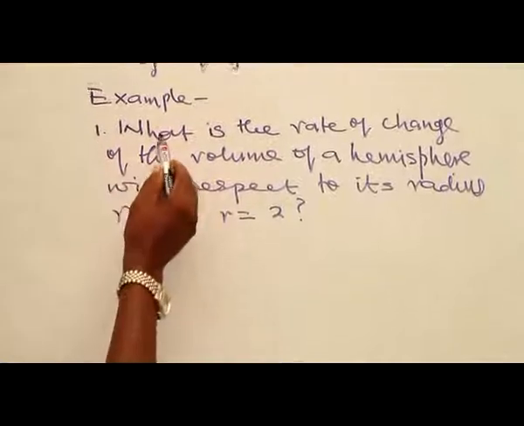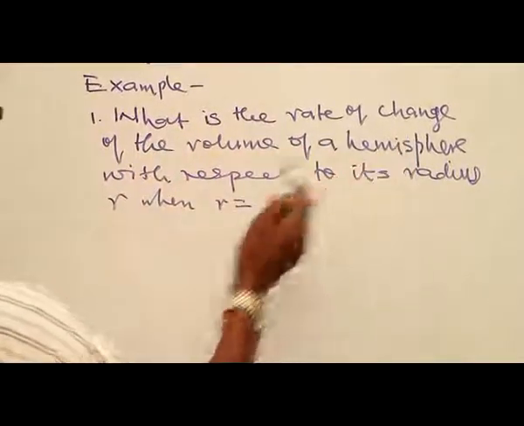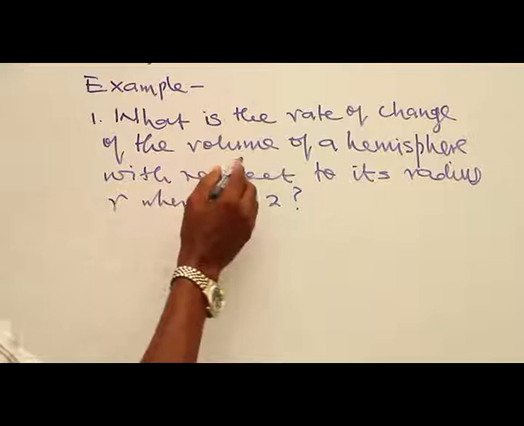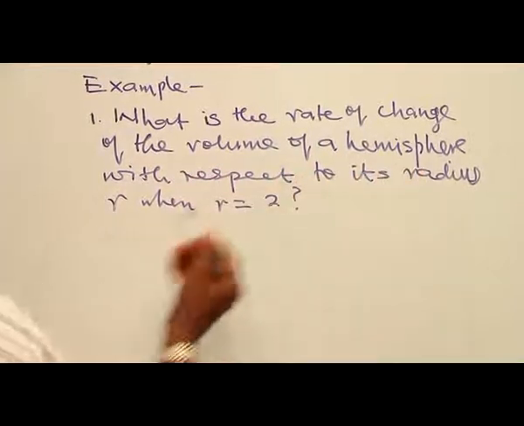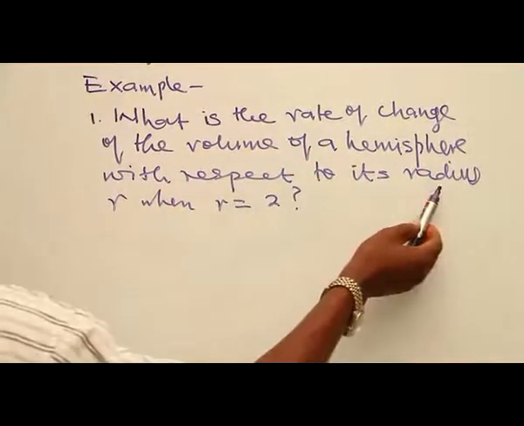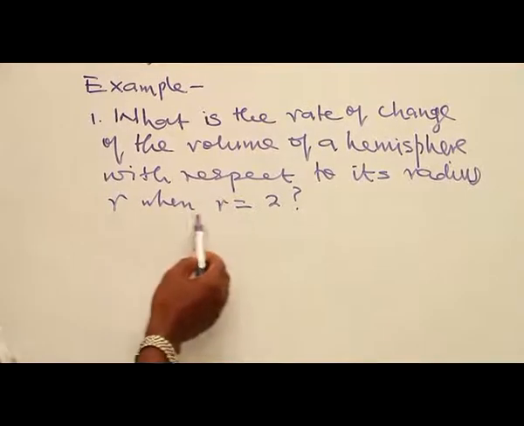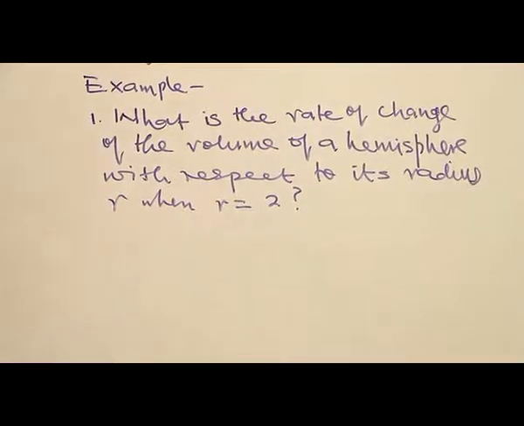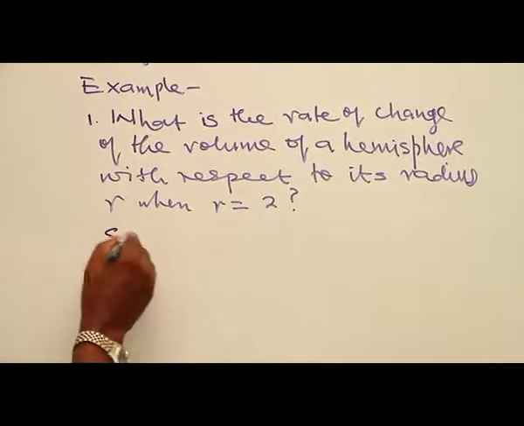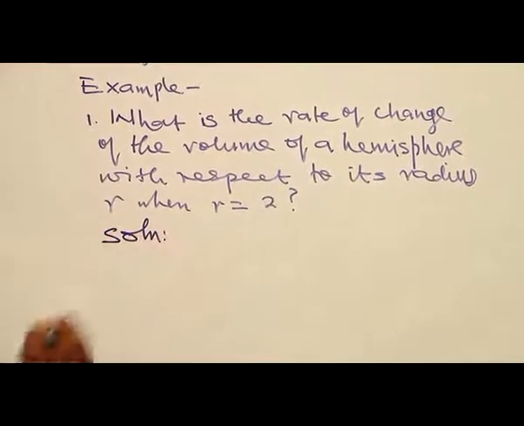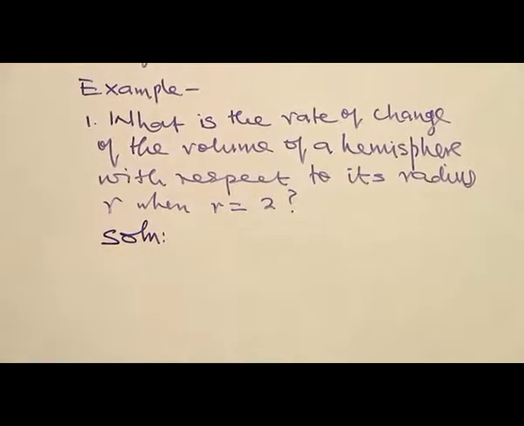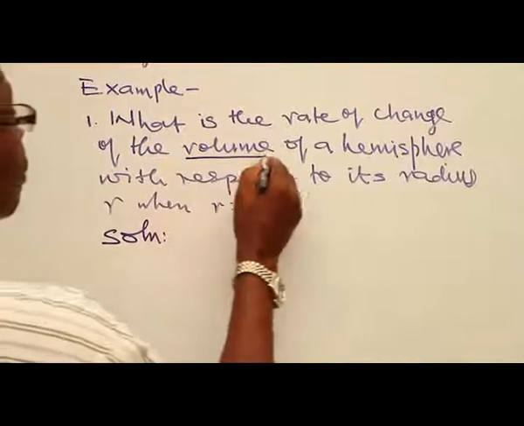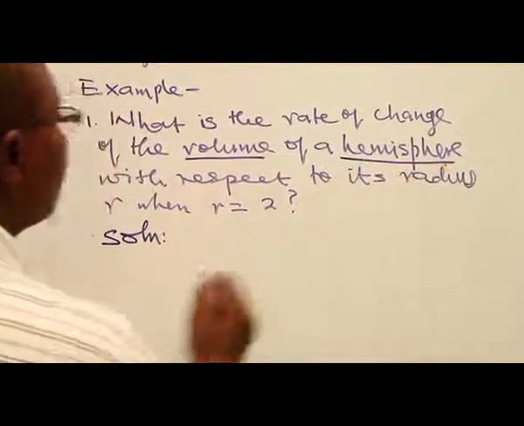Number one, what is the rate of change of the volume of a hemisphere with respect to its radius r when r is equal to 2? Solution. First and foremost, we are talking about the volume of a hemisphere.